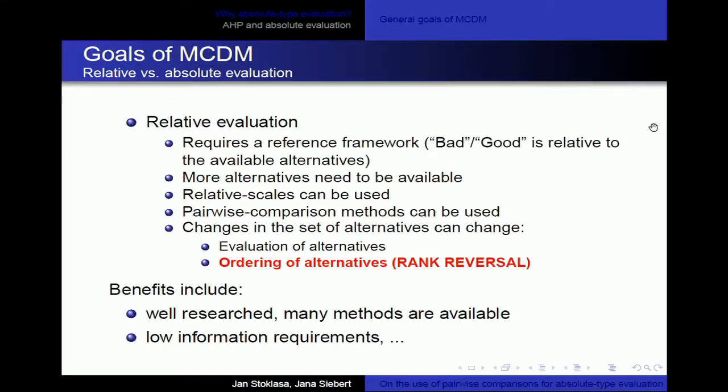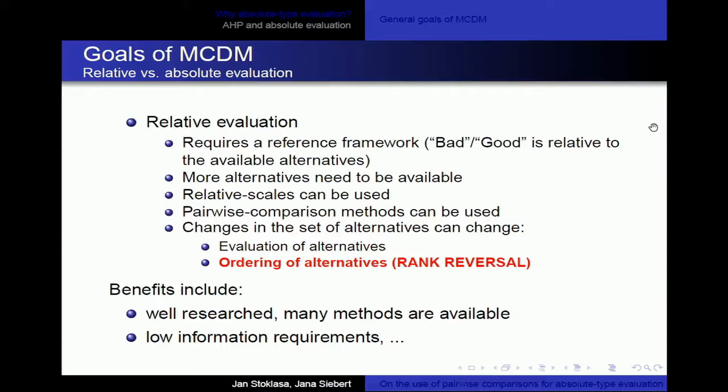We know the difference. I just want to make clear why our method is fun to have and why it might have some benefits. If you have relative type methods, you need a reference framework. You need something to compare the alternatives or objects to, and usually that is the other alternatives. So you compare objects with other objects within the set of objects that you are considering.